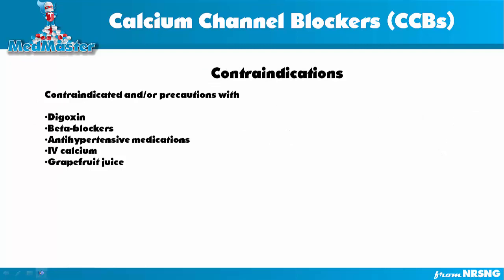Now, what are the contraindications and precautions with this medication? You can't really give digoxin because digoxin actually decreases the heart rate as well. So that's why you want to be cautious when giving this medication with digoxin, because it can significantly decrease the heart rate. Beta blockers, for the same reason, because they decrease the heart rate.